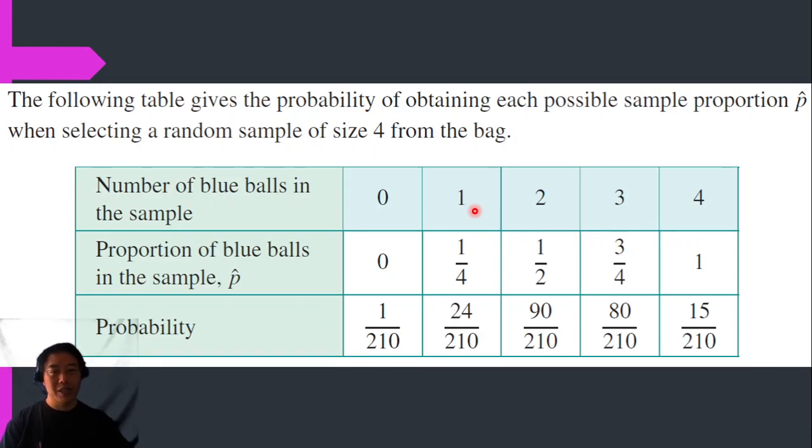But what we're interested in is the proportion. So it's the number of blue balls divided by the sample size, and that gives you a proportion. So it always starts at 0, always finishes at 1, and then it's a fraction out of the sample size. In the middle, it's 2/4, which is simplified to 1/2.